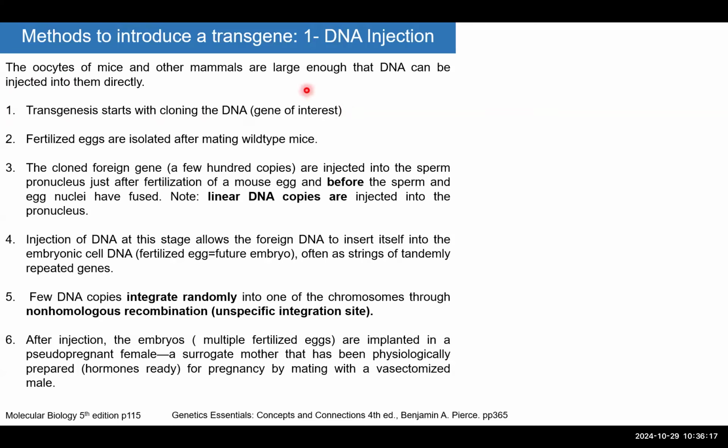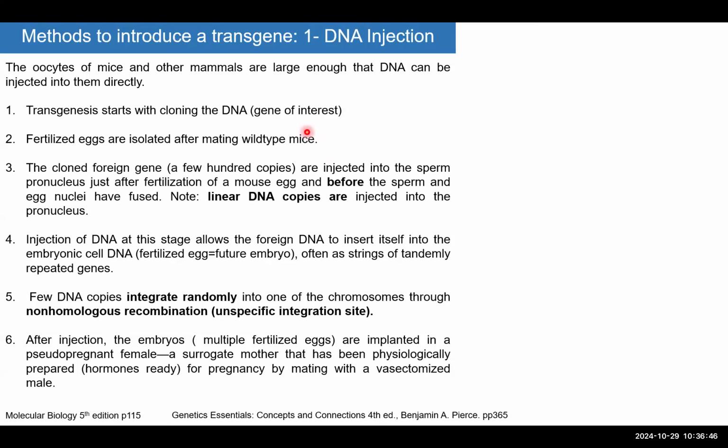And then you would need fertilized eggs that are isolated from mating of wild type animals. Meaning I would put male and female mice together and they will mate and produce a zygote, where the sperm and the egg just fuse, and then we will kind of steal it from that animal. So we will isolate it.